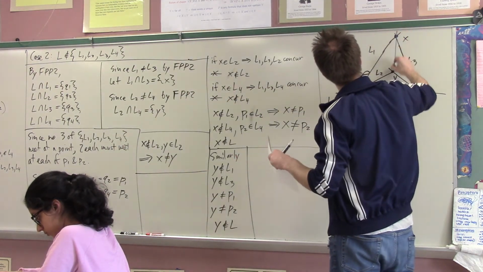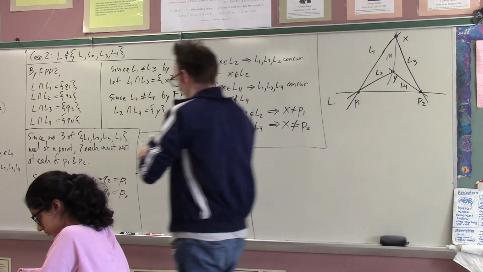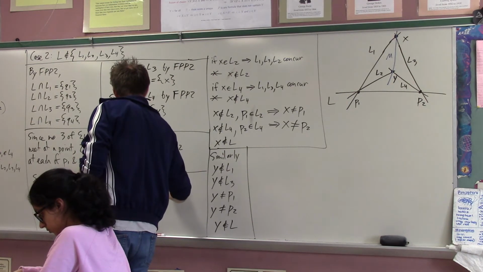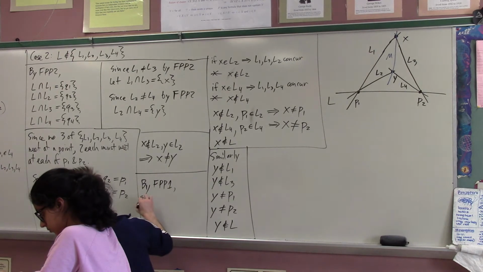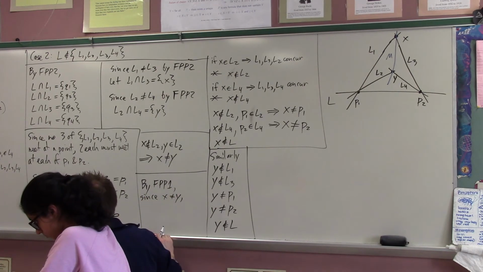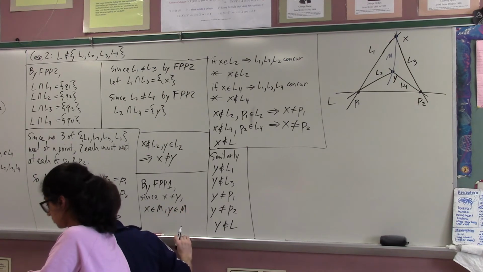Let's call it M. So, by FPP1, since x is not y, I have a line M through x and y. X is on M and y is on M, as depicted.